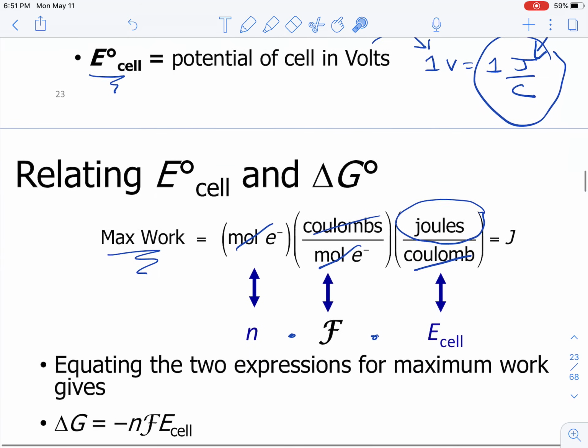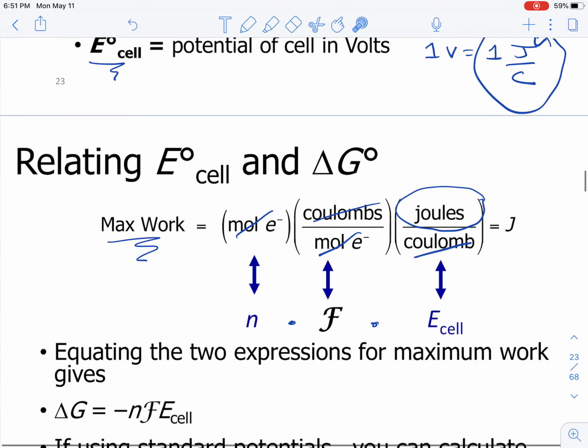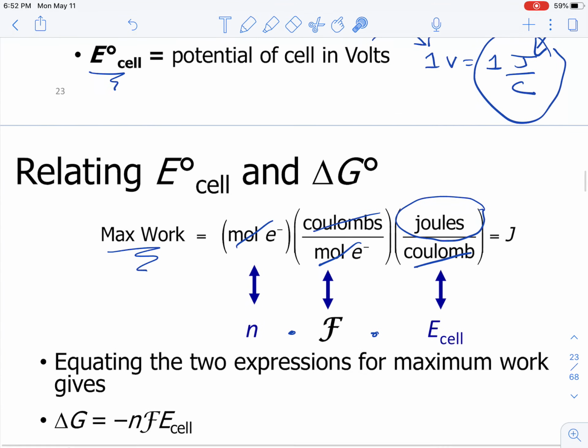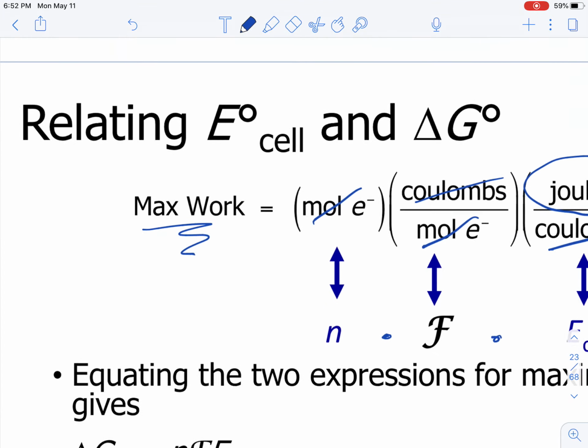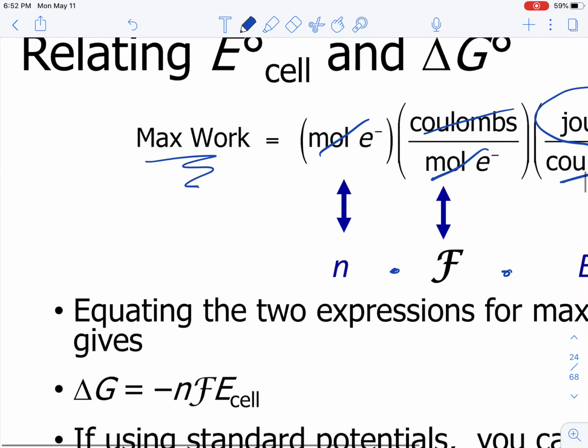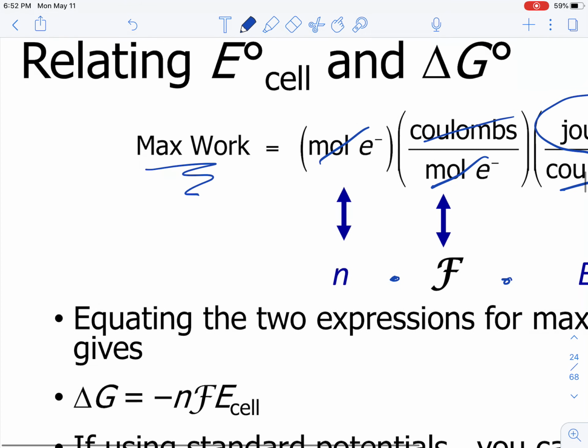Okay. For us to complete the relationship between delta G and E cell, we have to take into consideration what sign delta G must be for it to be spontaneous. A negative sign on delta G will represent a spontaneous reaction in the forward direction.